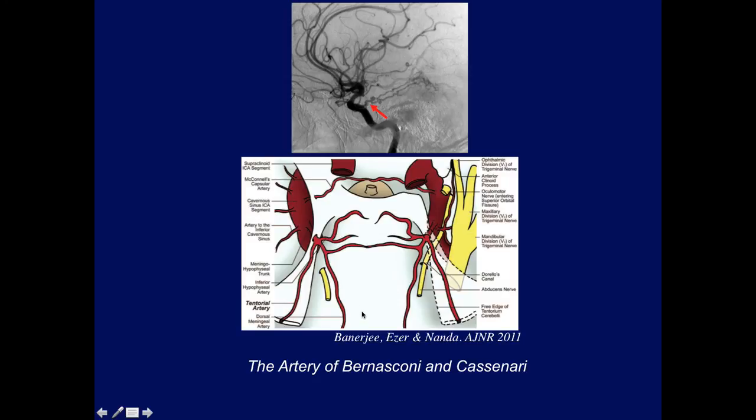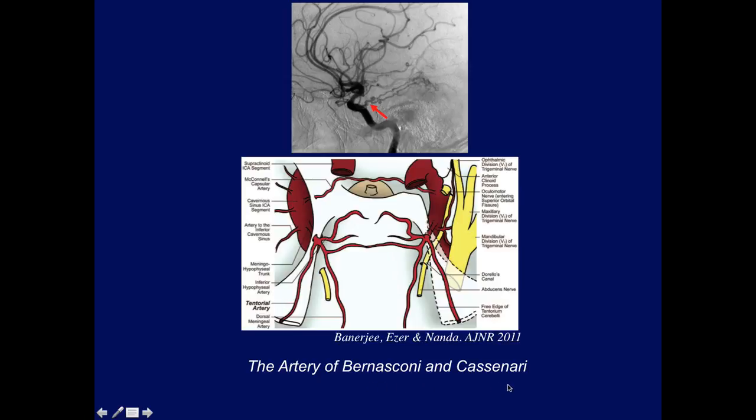And this nice diagram, these authors looked at several hundred anatomic specimens to classify the variation. And here's a meningohypophyseal trunk. The tentorial artery, which is this artery we see here, comes off the meningohypophyseal trunk. Sometimes it will come off directly the carotid artery. The first people to describe this artery were two Italian authors, Bernasconi and Casanari.